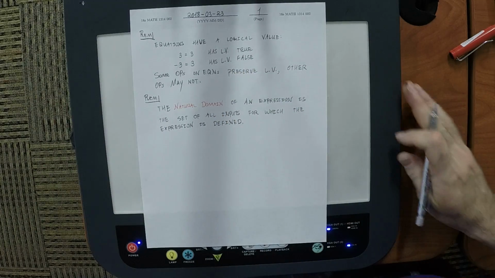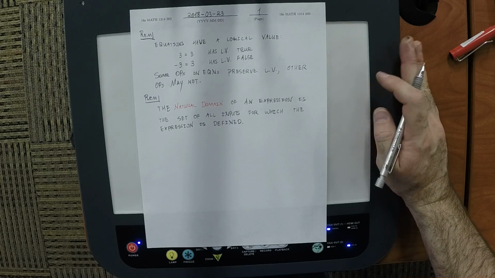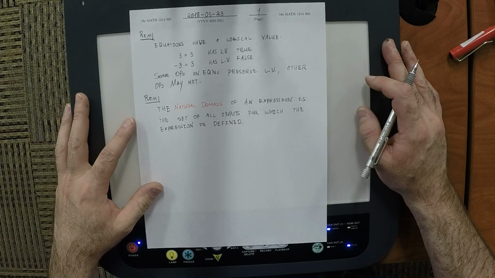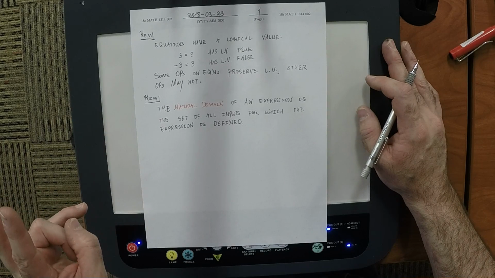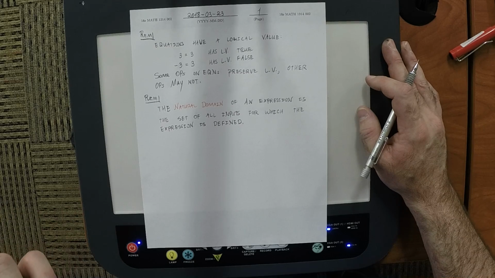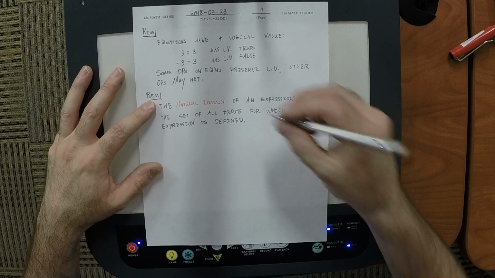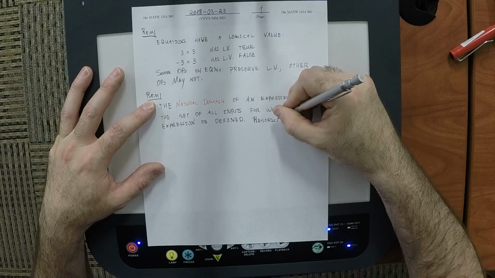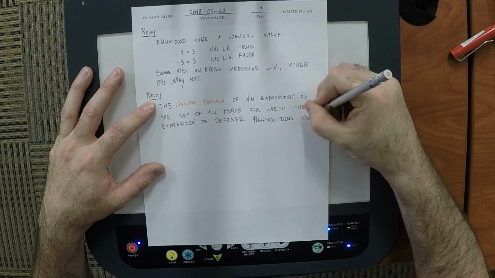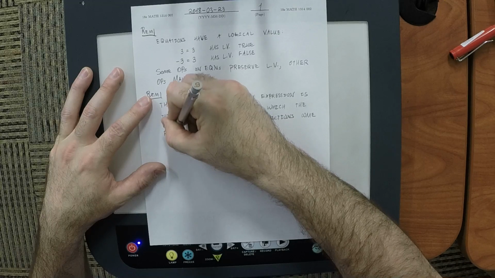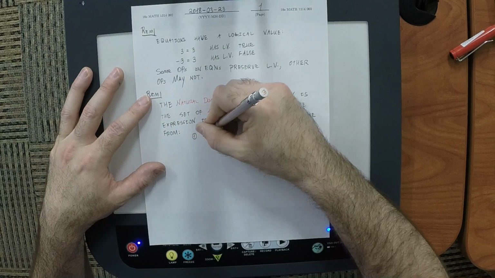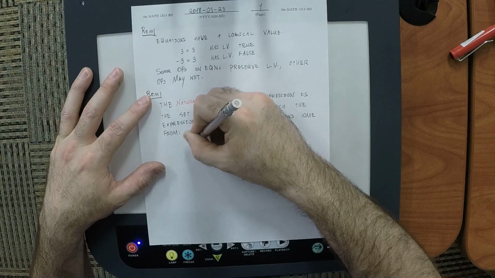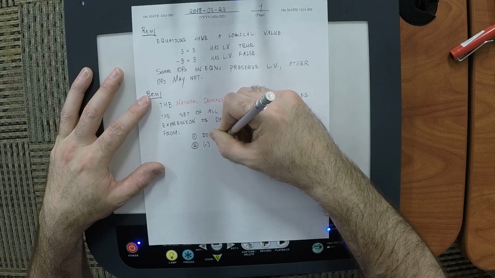So at the present time, the present position in the class, there's two kinds of things that might restrict the natural domain of an expression. What are those two things? Square root of a negative number and dividing by 0. So restrictions come from division by 0 and also negative inputs.